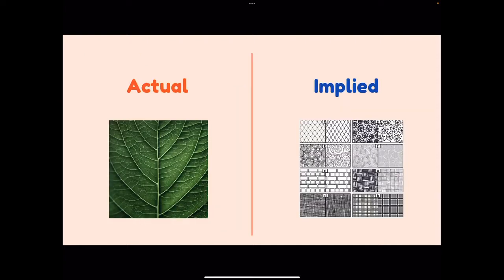So in texture we have two categories: actual and implied. As with any other unit, like form and shape, there are two categories. One, we find in nature, and one, the human made. The actual texture is things we find in nature, things that are God given, God made.